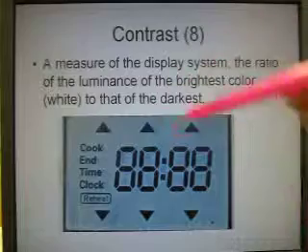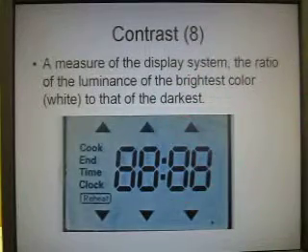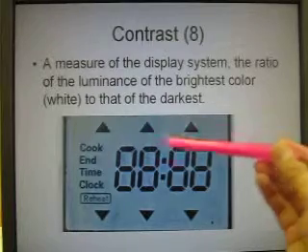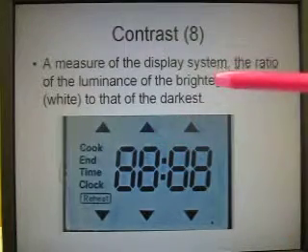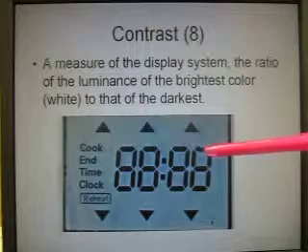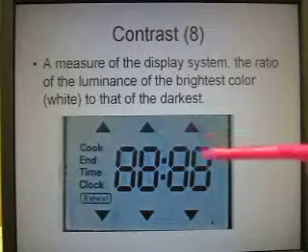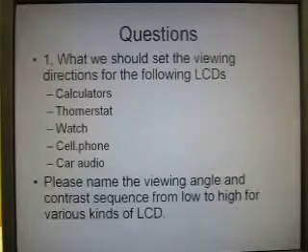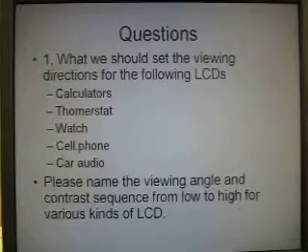The ratio between them we call the contrast. The bigger the contrast, the clearer and sharper we can see the LCD. These are all the questions.